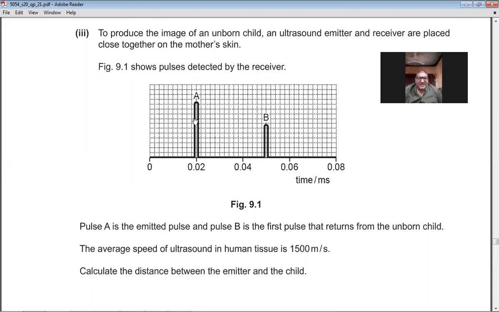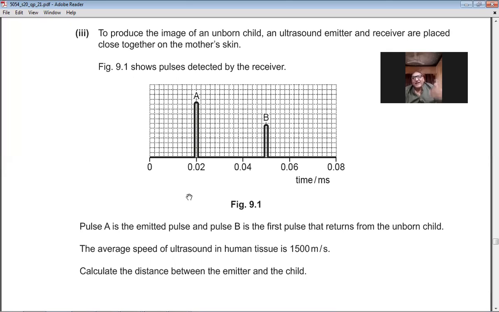You send the ultrasound at 0.02 second and the reflected ultrasound was received at 0.05 second. So how much time did it take for the ultrasound to go and come back? 0.05 minus 0.02, it will be 0.03 second. It's millisecond, sorry. The unit is millisecond.